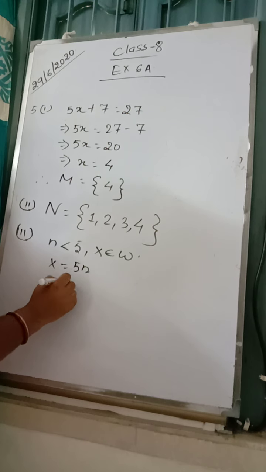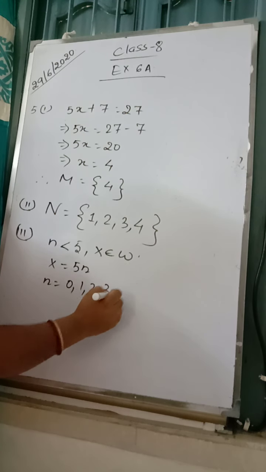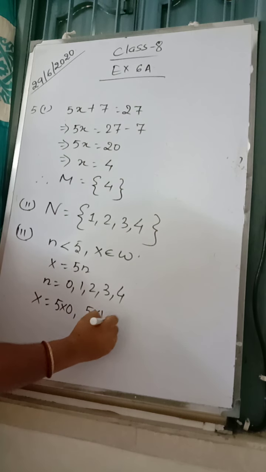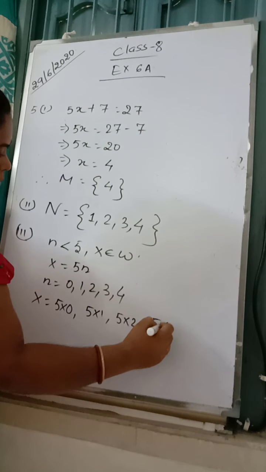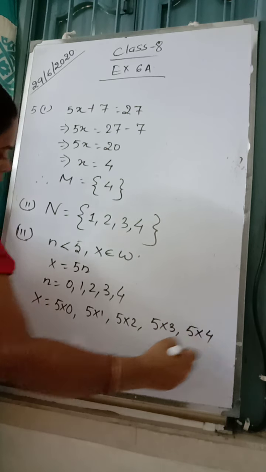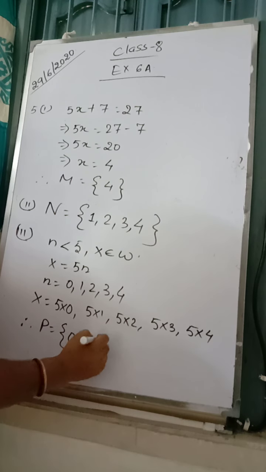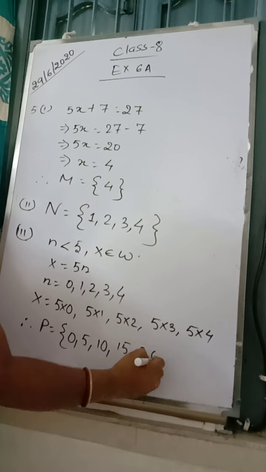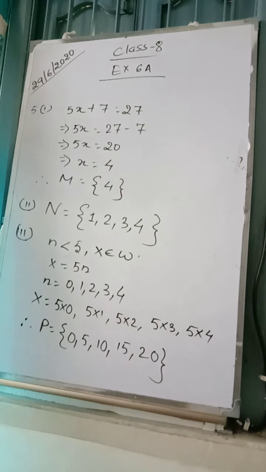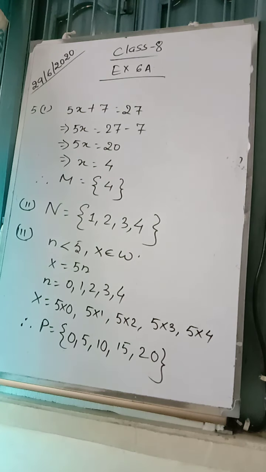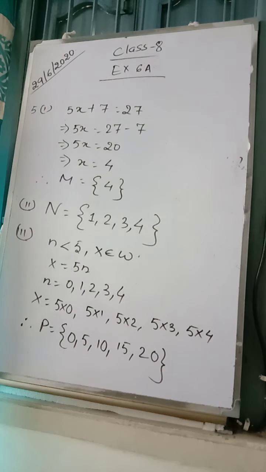So n is equal to will be what? 0, 1, 2, 3, 4. So x is equal to 5 into 0, 5 into 1, 5 into 2, 5 into 3 and 5 into 4. So that's what P is equal to 0, 5, 10, 15 and 20. Because x is equal to 5n where n is less than 5 and it belongs to whole number. So this will be 0, 5, 10, 15, 20.